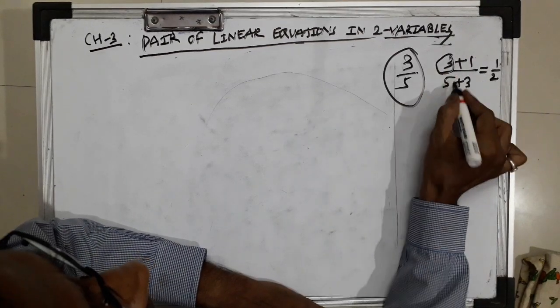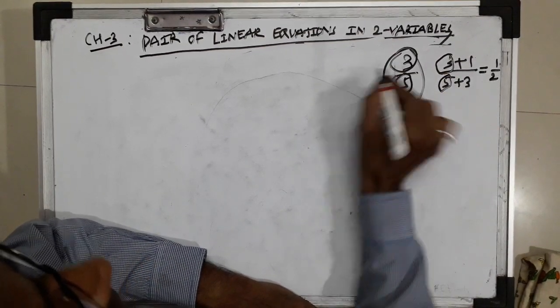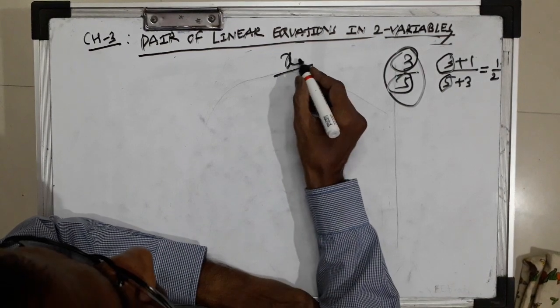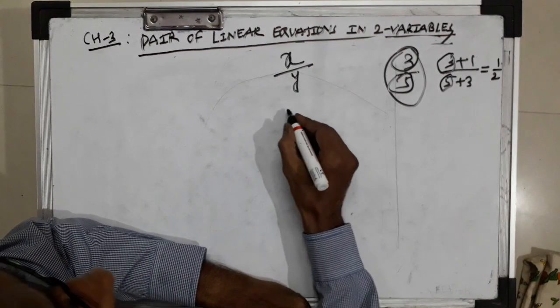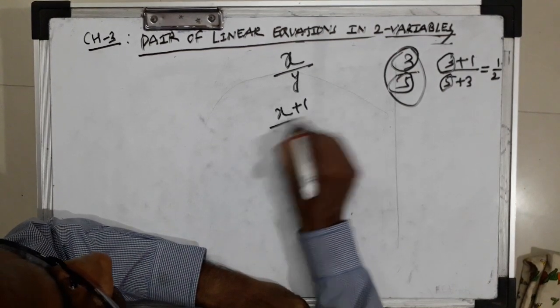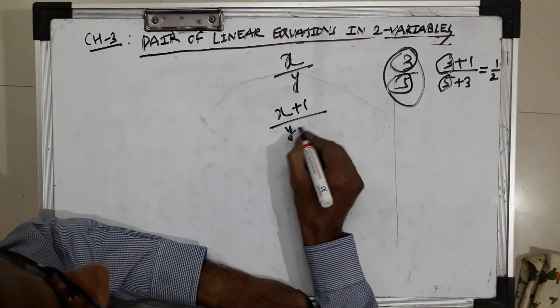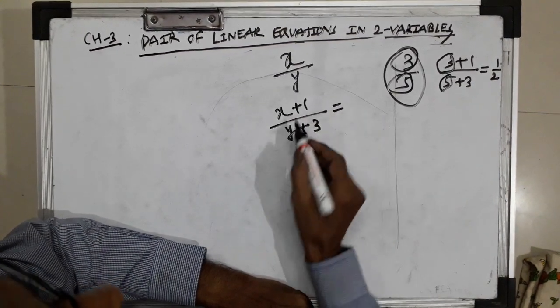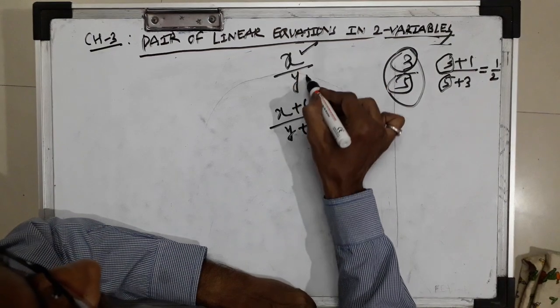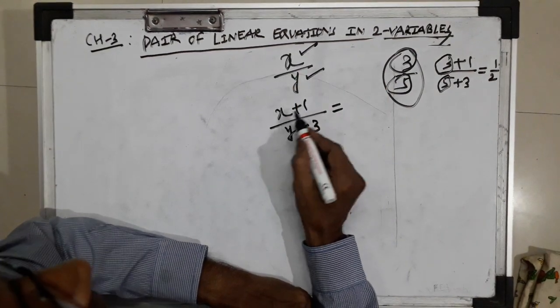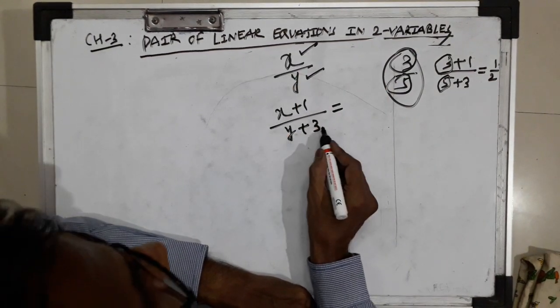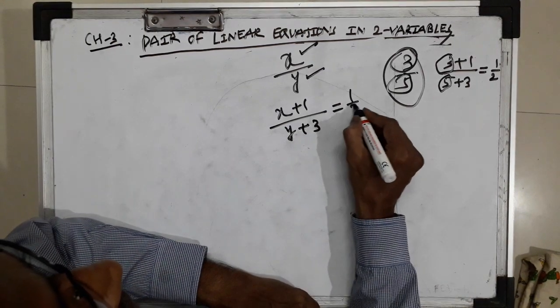We don't know the numerator and denominator. Let the fraction have numerator x and denominator y. If 1 is added to the numerator and 3 is added to the denominator, the fraction becomes 1 by 2.